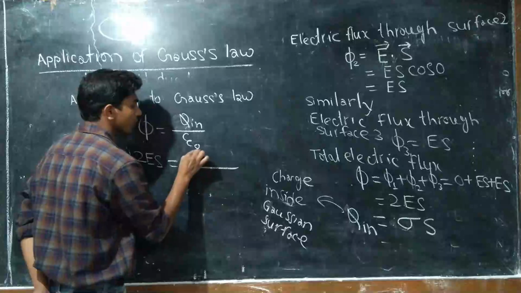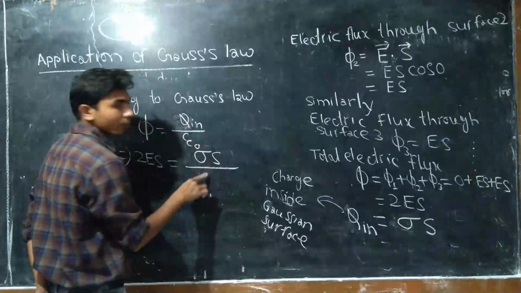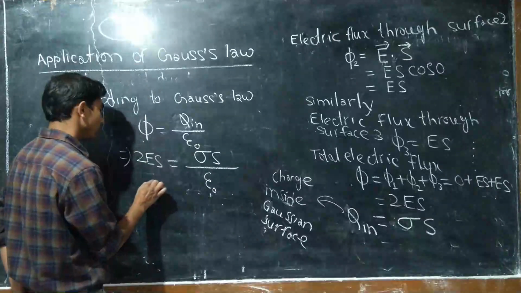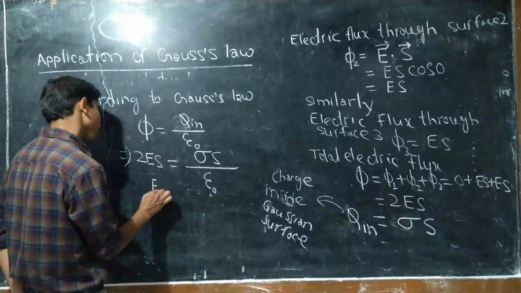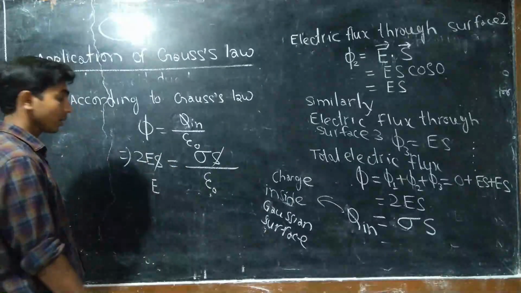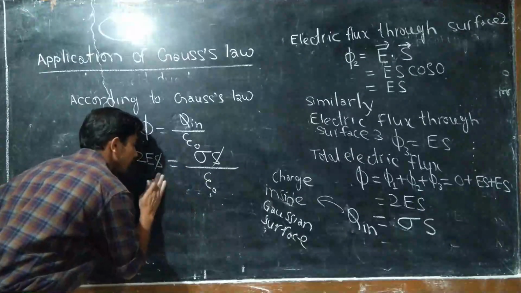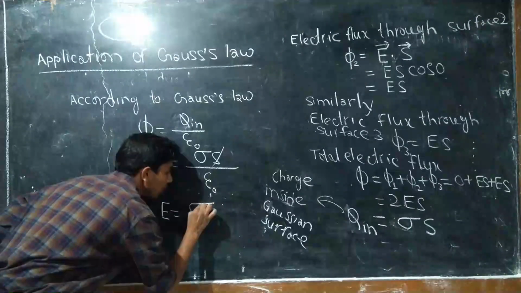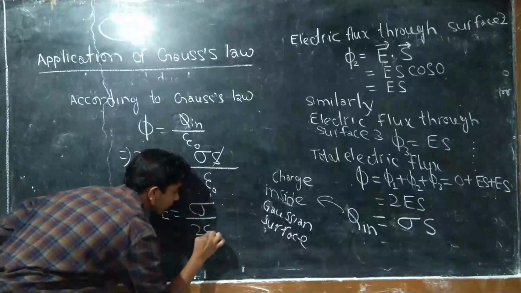So I am going to substitute the values sigma into S and epsilon 0. Now you can see the S cancels, so E is equal to sigma by 2 epsilon 0.